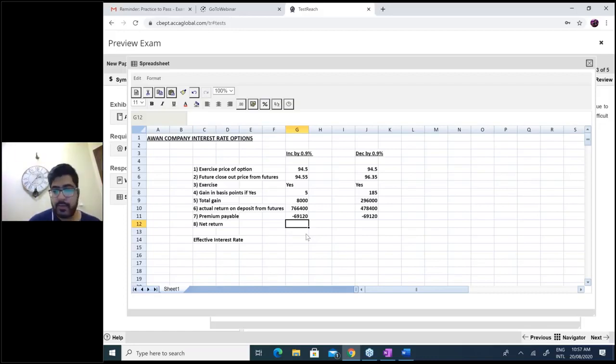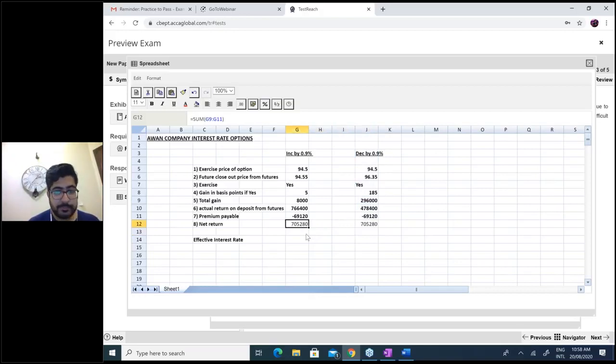Okay, now net return, just take the sum of the last three cells, sum. G9 to G11, these three sum, 705280, J9 to J11, 705280.